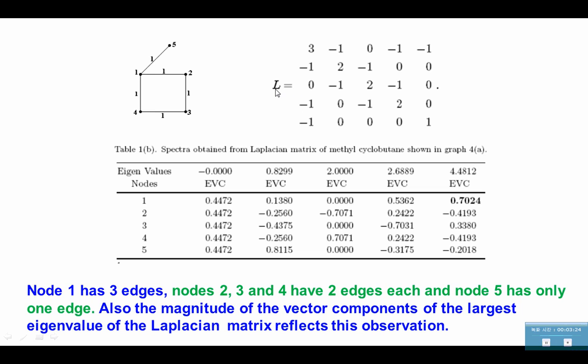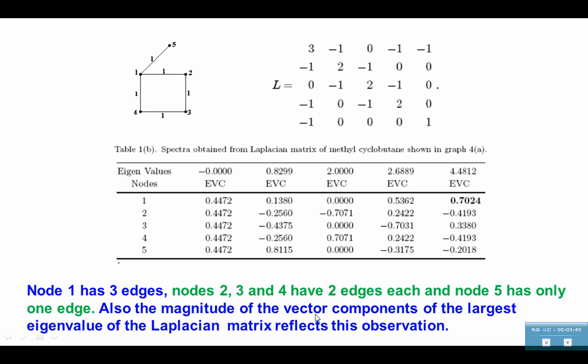This is a Laplacian matrix of this. This table shows the spectra obtained from the Laplacian matrix of the same methyl cyclobutane shown in the graph. Here, node 1 has 3 edges, and nodes 2, 3, 4 have 2 edges each, and node 5 has only 1 edge.